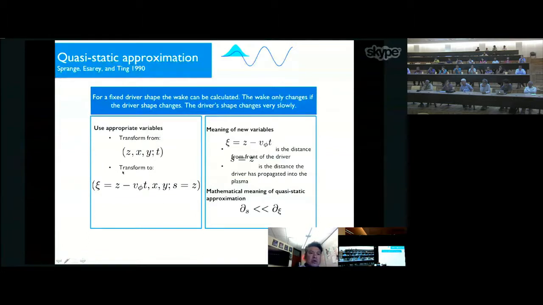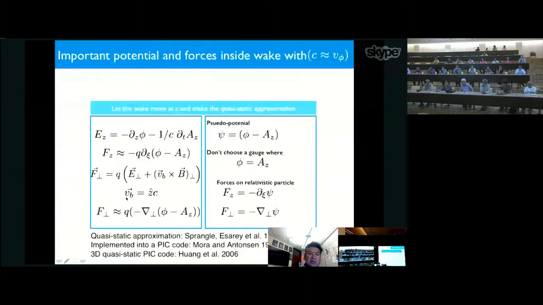But what's important is to be thinking about these wake variables. Another is to recognize that the forces inside the wake on particles moving with a velocity very close to the speed of light depend on a single wake function.